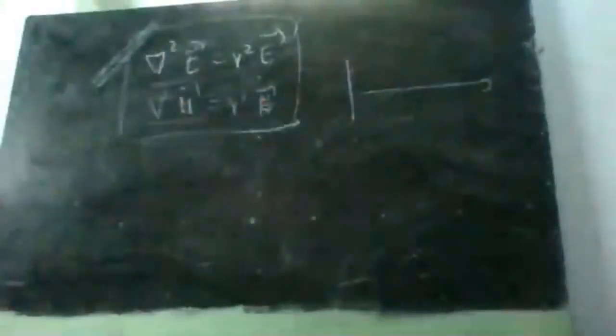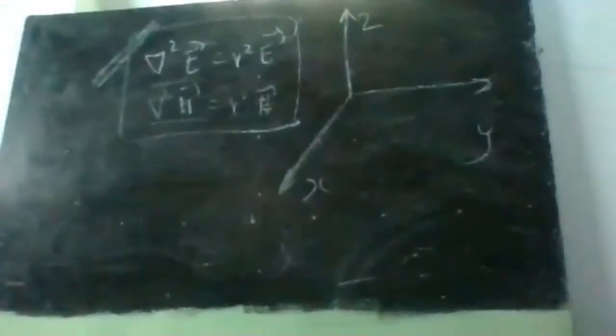Now, these are the general wave equations. Now if I take an EM wave that travels only in one particular plane, for example, if I consider a Cartesian coordinate system with x, y, z, I have three planes.